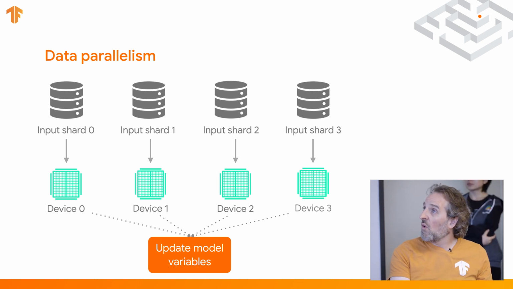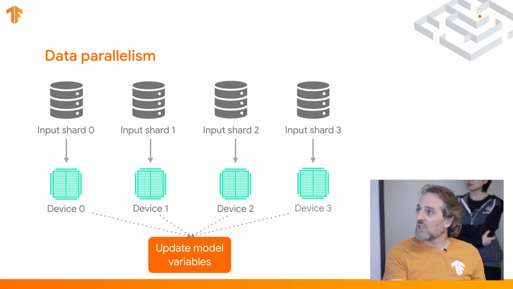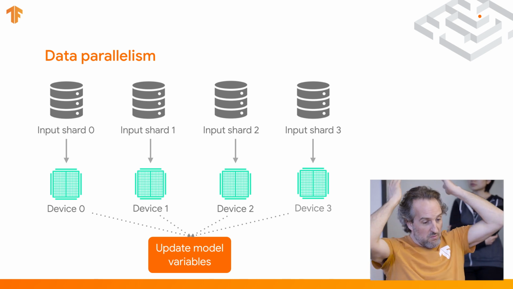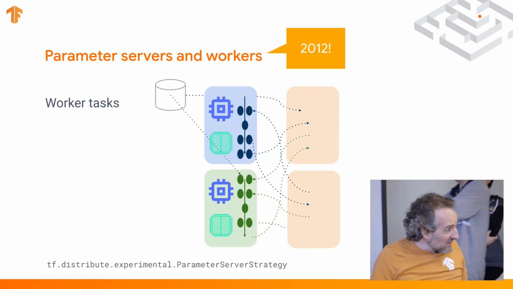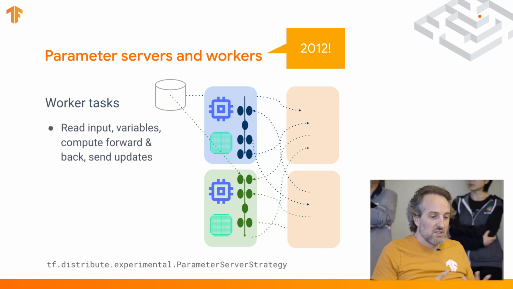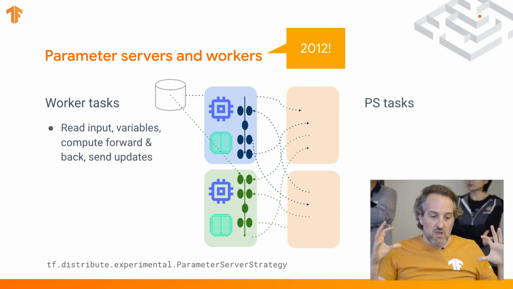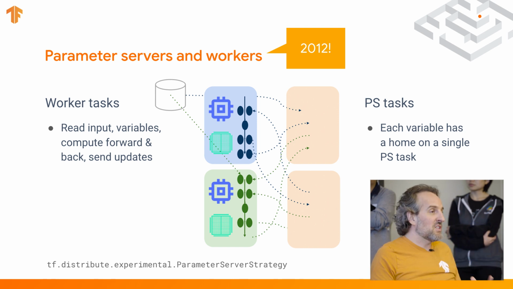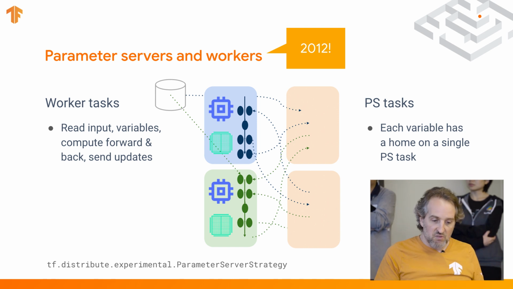So the oldest approach here is parameter servers and workers, which was what was used by DistBelief prior to TensorFlow's creation and was the model assumed by TensorFlow libraries prior to tf.distribute.Strategy. For example, Estimator pretty much assumes a parameter server model.